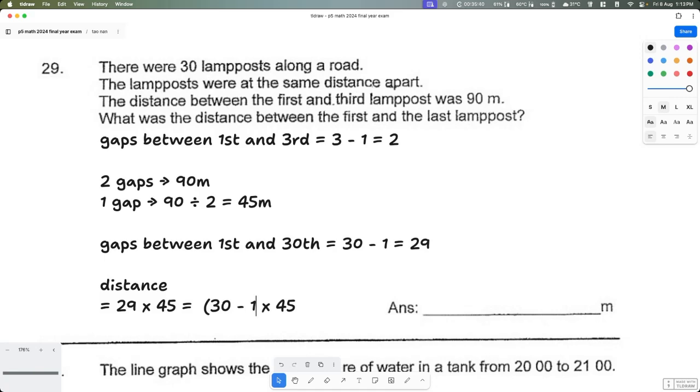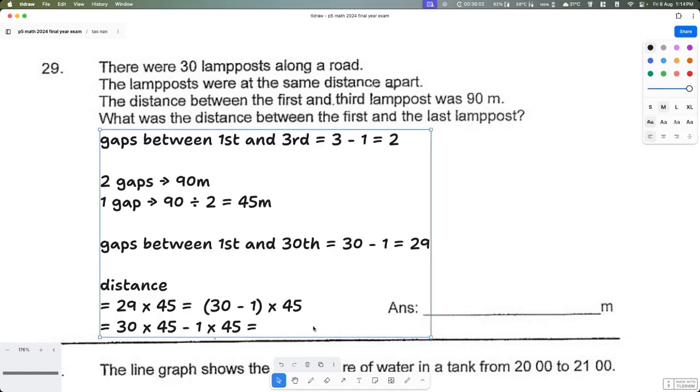So 29 is basically 30 minus 1. From here you can get 30 times 45 minus 1 times 45. So 30 times 45 is 1350, minus 45. And this will give us 1305 meters.